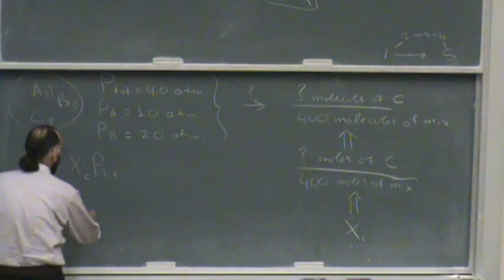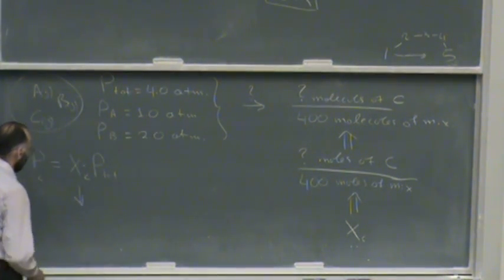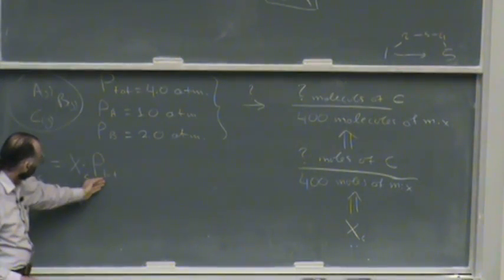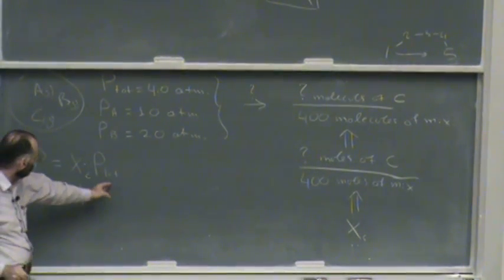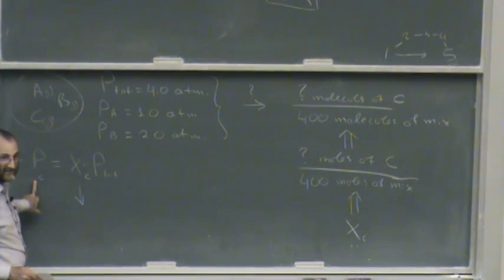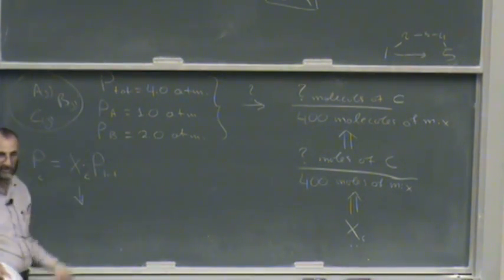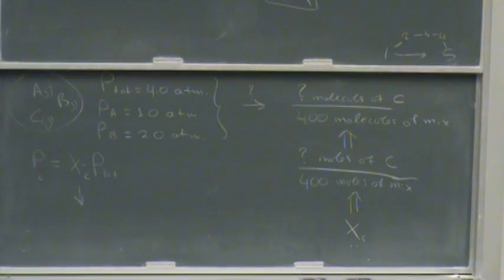So I want to find, therefore, now this one. Do I know the other ones? And then I'm finished. I know P total. How about PC? I don't know PC. But I can find it. Why? Because I have three gases and I know the partial pressure of P. And I know the total.